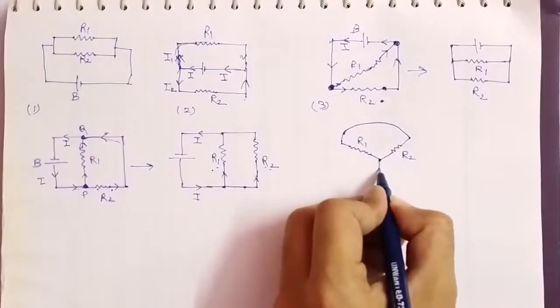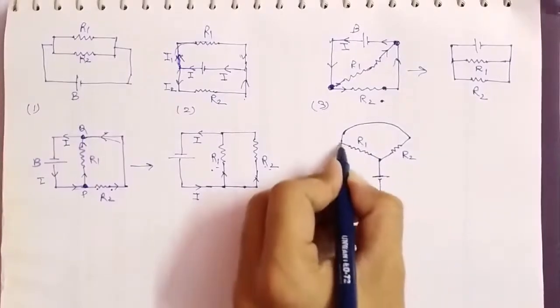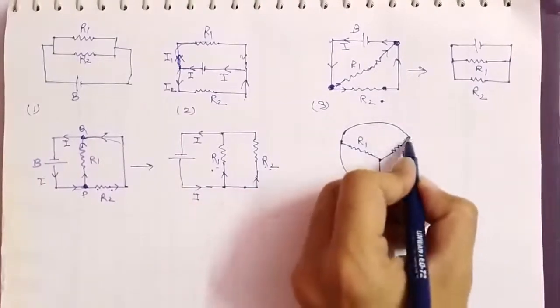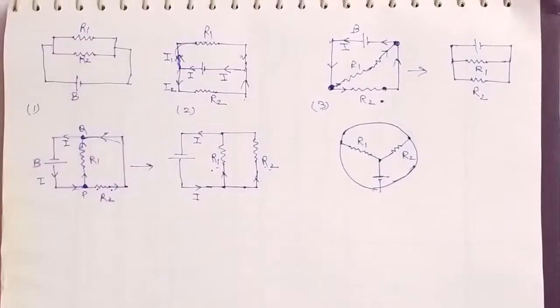This is R2, R1 and this is our battery. Okay, so this is another arrangement.